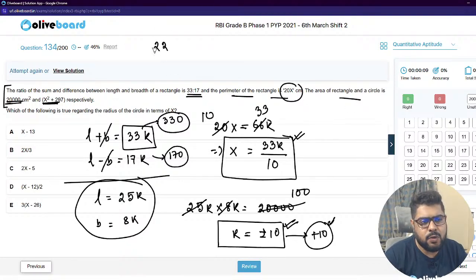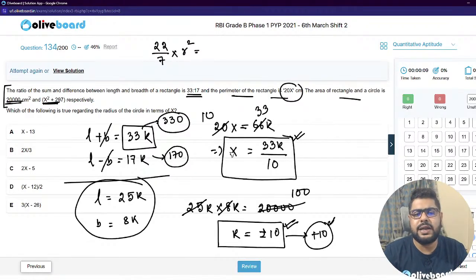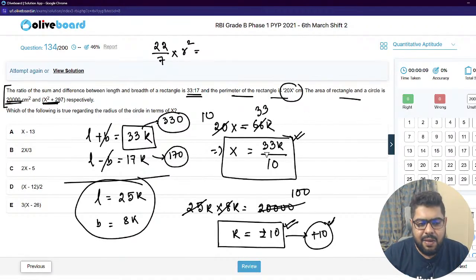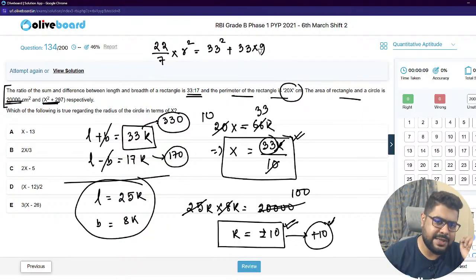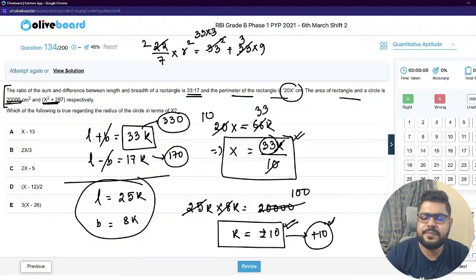So 22 by 7 into r square is x square plus 297. So x will be how much, sir? You see, k is 10 means x is 33. So x square means 33 square plus 297. So 297 means 33 into 9. You see, 330 has 33 less. Why I am saying this you will get to see. Cancel with 11. 11 twos are this. Okay, with 11 this becomes 33, so this will become 33 into 3, sir.